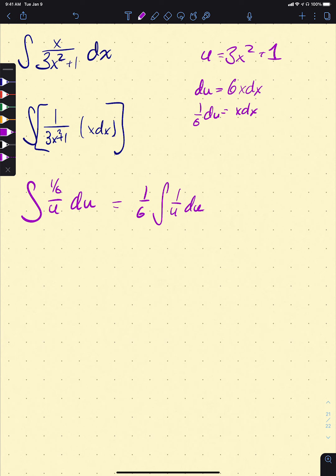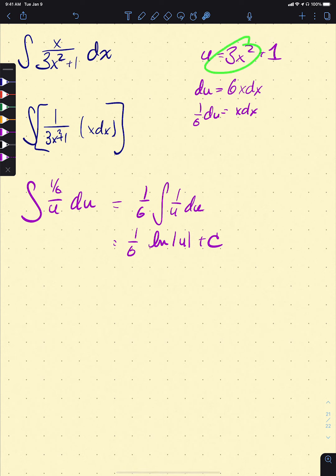Okay. But we have a rule for this, right? This is 1 over 6 times the natural log of the absolute value of u plus c. But 3x squared plus 1 is always greater than 0, right?